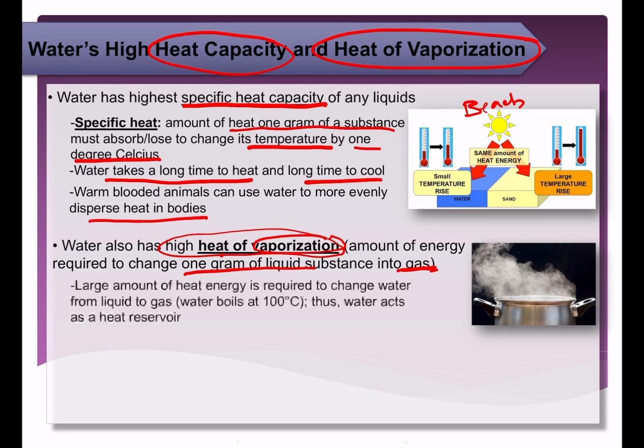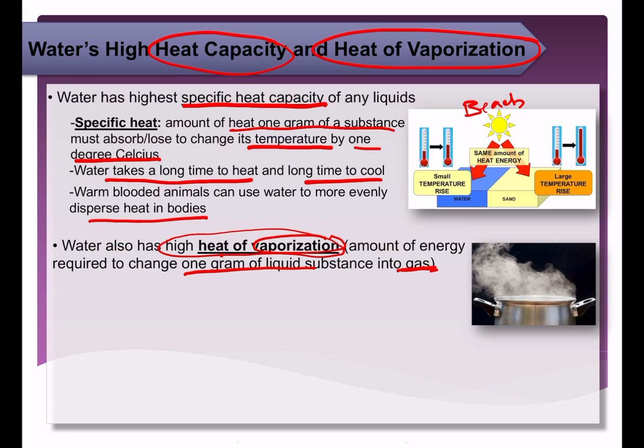And this makes sense because we have just discussed previously that it takes a lot of heat to change the temperature of a certain amount of water. Likewise, it will also take a lot of heat to raise the temperature of water enough for it to change from liquid to gaseous state.